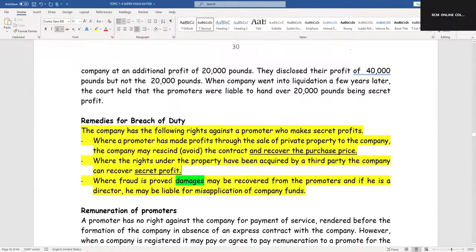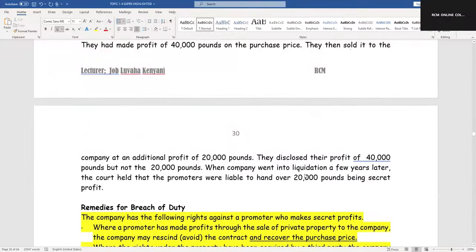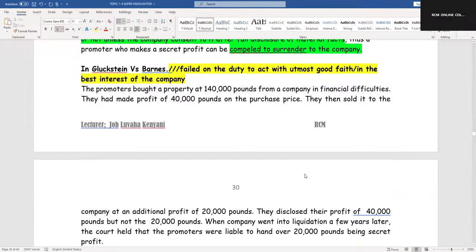So where the fraud is proved, damages may be recovered from the promoter, and if he's a director, he may be liable for having misapplied the funds of the company. So, for example, if the promoter breaches the duty of utmost good faith, or of acting in the best interest of the company, those are the remedies that would arise.